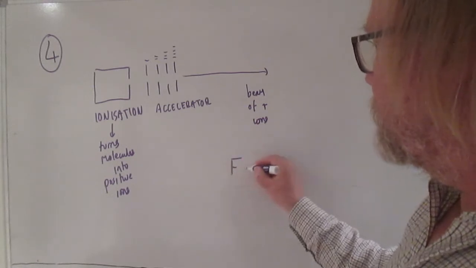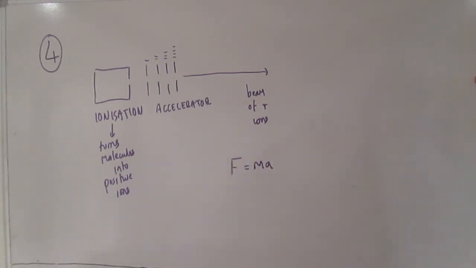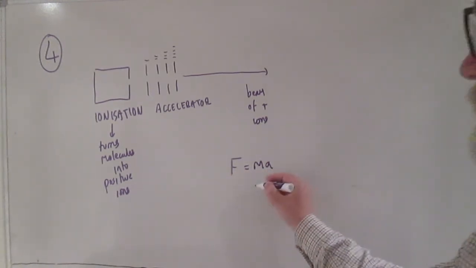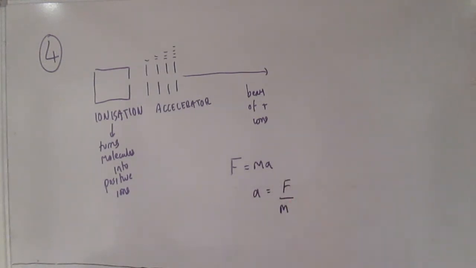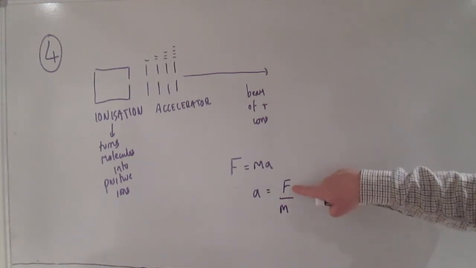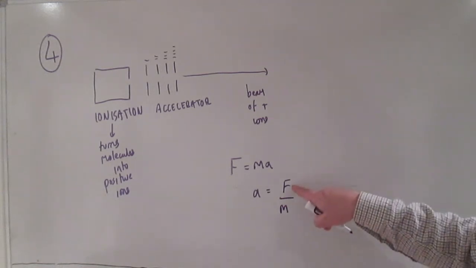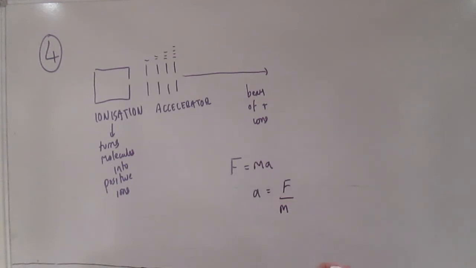And if you remember Newton's second law from physics, force equals the mass times the acceleration, and if we just rearrange that, acceleration equals force over mass. So if the same force is being applied to all of the ions, then what you can see is that the bigger the mass of the ion, the smaller the acceleration will be.